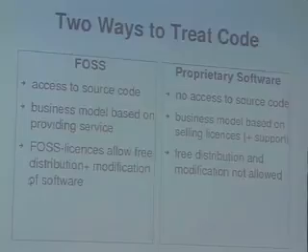Source code is like the DNA of software, and if you want to make modifications, you can only do it if you have access to source code. You do not have access to source code with proprietary software, and while with free software the business model is based on providing service, since you give away the software, the product, for free, it's a completely different case in proprietary software. They generate their profit by selling licenses, and of course they charge for support.